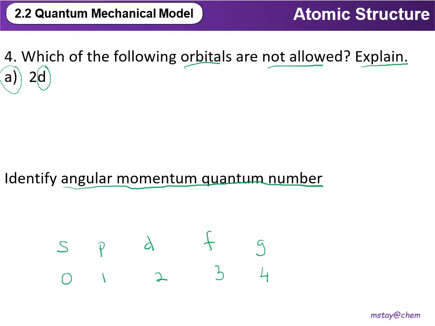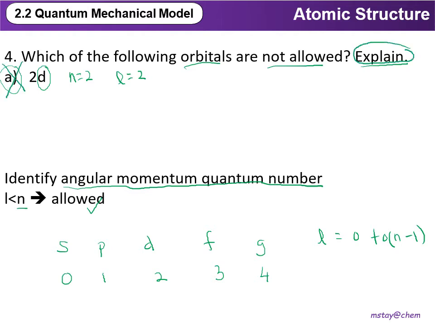Next, what we need to be alert about is that the l value is always 0 to n minus 1. Therefore, as long as the l value is less than the n value, it is allowed. This one has n equal to 2 and l also equal to 2, so in this case, 2d is not allowed. How do we explain?